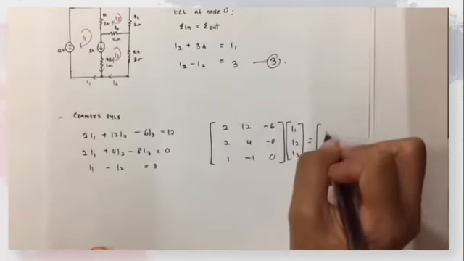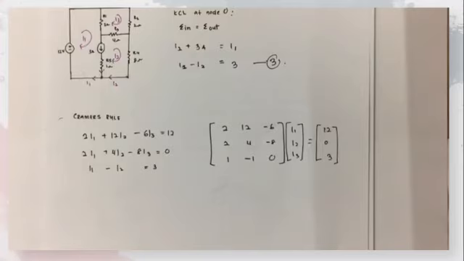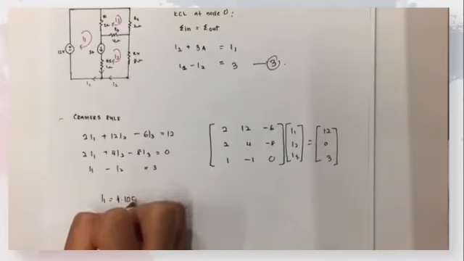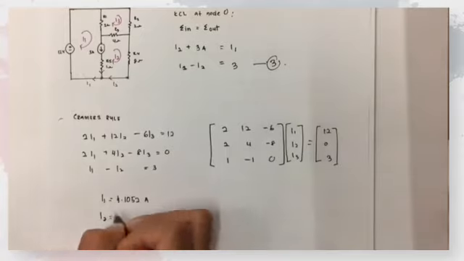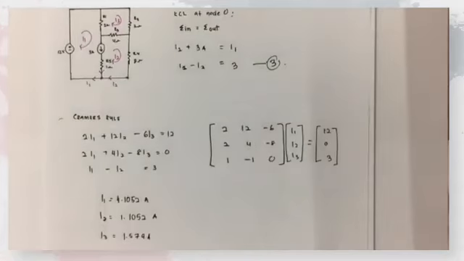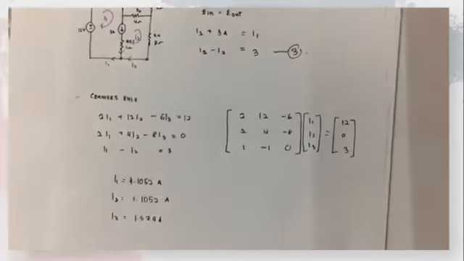So this one. By using the calculator, you will get the answer using the equations. So I1 is 4052 ampere, I2 1052 ampere, 13. So this is the answer for I1, I2, I3 by using supermesh. Thank you.